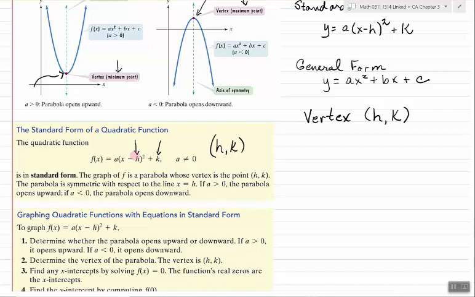In this one, if a is positive, then it's going to open upward, and so if a is greater than 0, which means upward, the vertex is still h, k, and it will be a minimum. I'm just going to abbreviate that min.